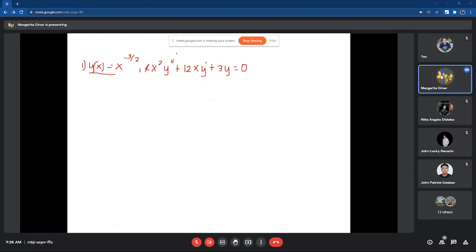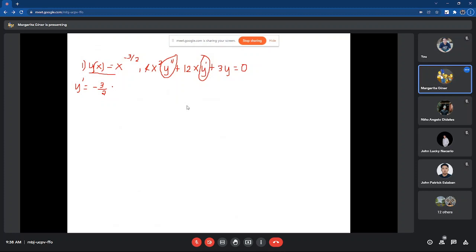Now, which derivatives do we have here? The second derivative and the first derivative. So let us solve the first and second derivatives. The first derivative of this: again, multiply the exponent, so this is 3 halves. Double check with your calculator later.